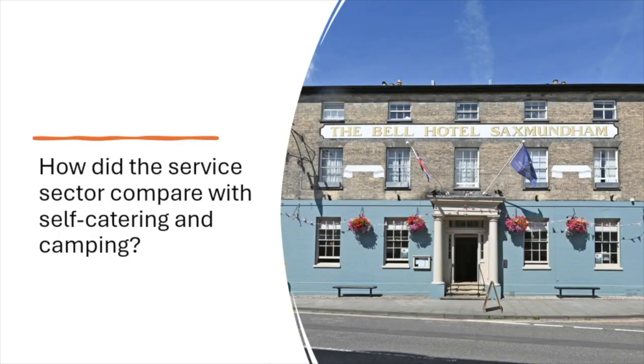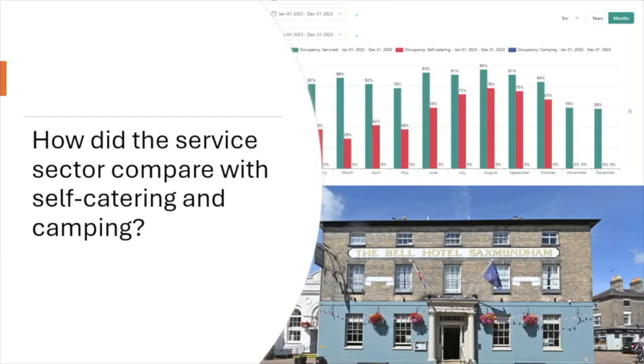If there is one sector that is performing ahead of others, with T-stats, the information will be there for you to see. On this slide, we are looking at the service sector, self-catering and camping accommodation. Occupancy in the service sector, that's the green on the graph, was better than self-catering, which is red. There's no data here for camping.